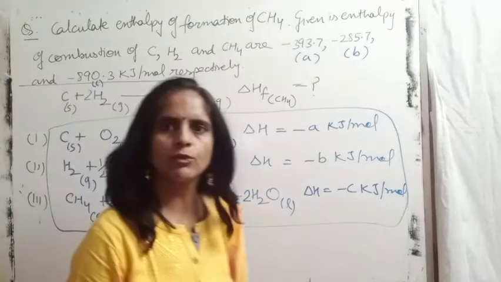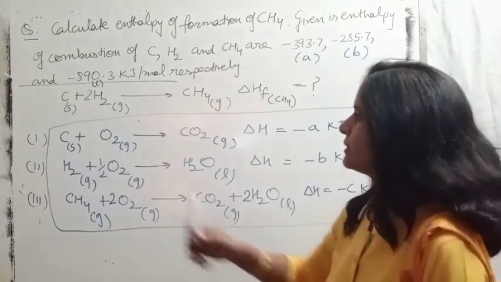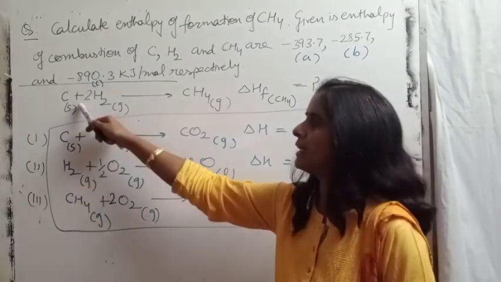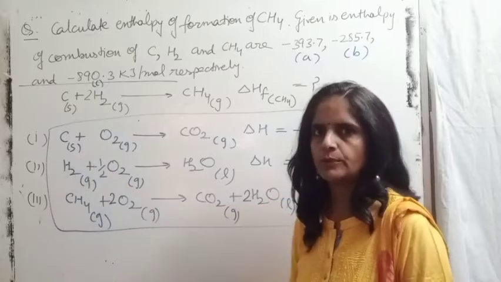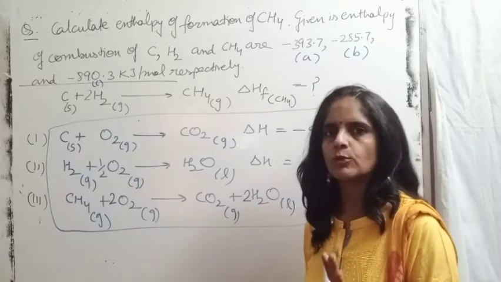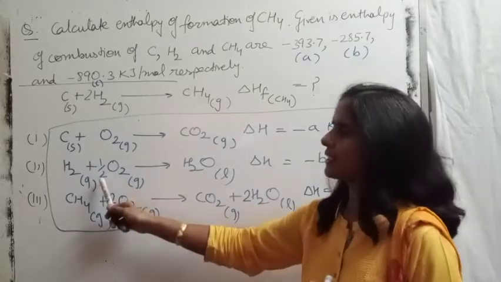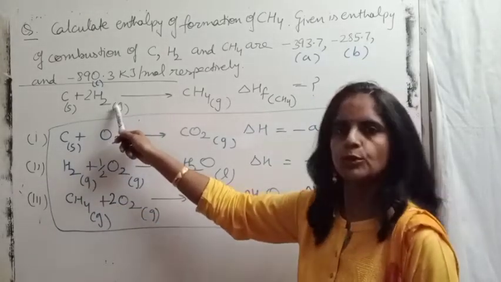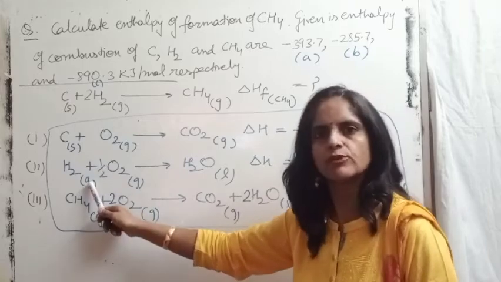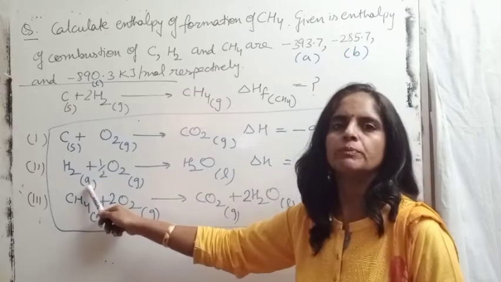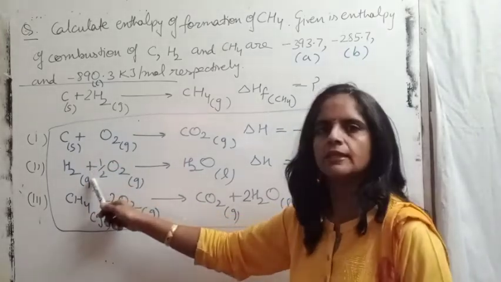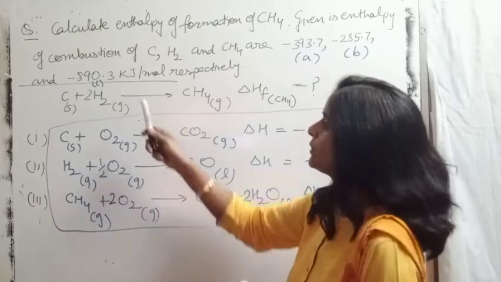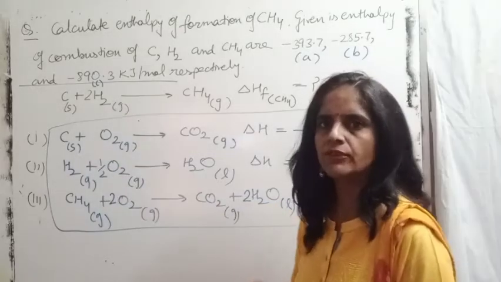So the first equation will give me the value of carbon. Then check the number of moles. How many moles? 1 mole I need, and here also 1. No change is required. The second equation gives me the value for hydrogen. But I need 2 moles of hydrogen, and in this equation there is 1 mole of hydrogen. So before adding first and second, I need to multiply equation 2 by 2 so that I will get 2 moles of hydrogen.